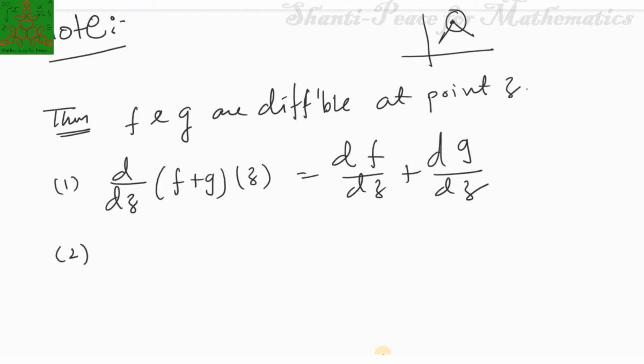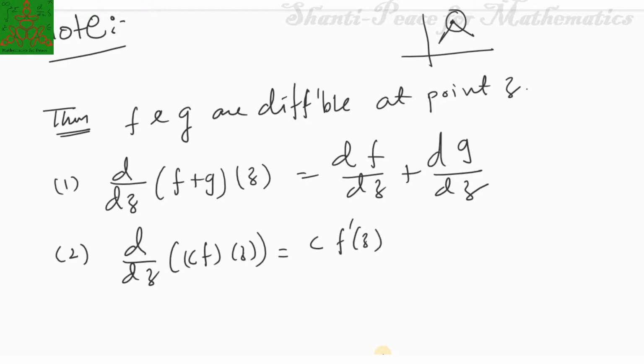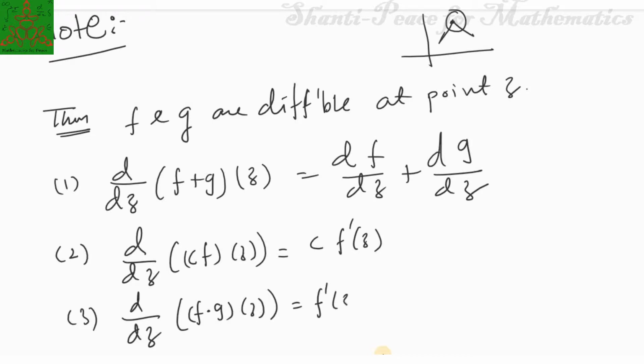The second one, d by dz of c into f at z gives you c into f dash of z. The third one, d by dz of f into g of z gives you f dash of z into g of z plus g dash of z into f of z.